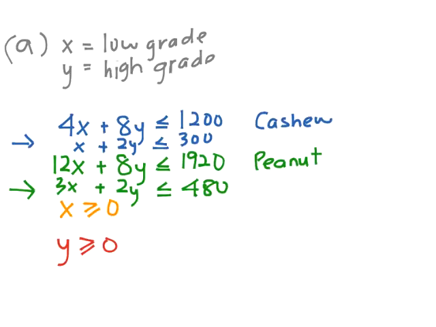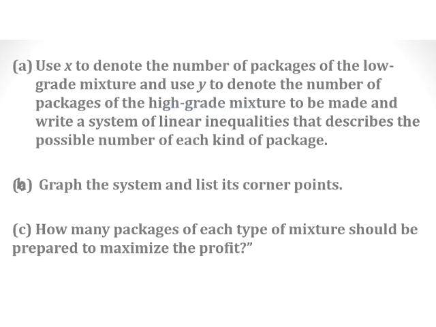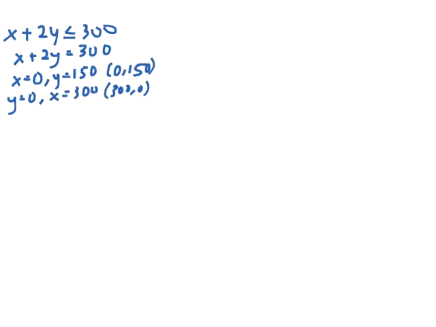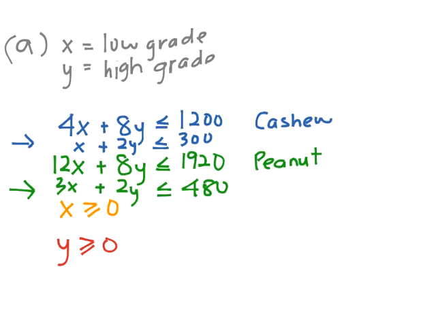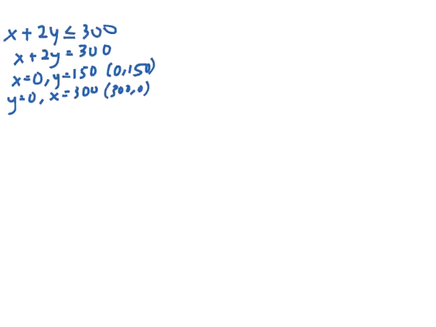And then we have the second inequality, 3x plus 2y less than or equals to 480. So the same thing, change it in terms of equation.